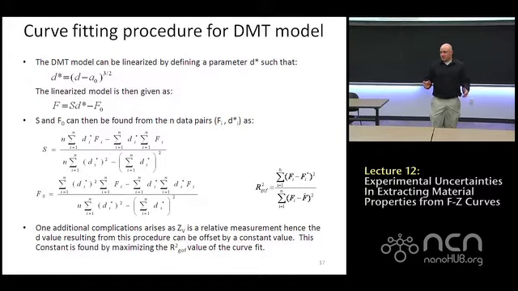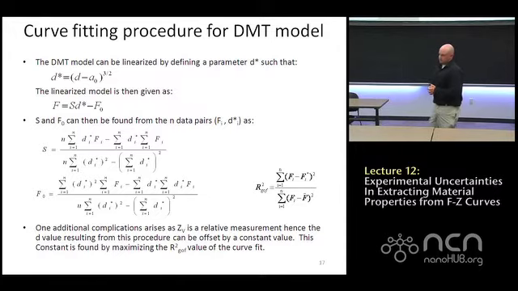When you start talking about DMT prior to contact, usually they say that van der Waals forces saturate, and then there's a transition to the DMT model. So this equation is valid only when D minus A naught is greater than 0. When you're doing the curve fitting, the values where this is negative are essentially nonsensical. They're not part of the region where the model is valid.